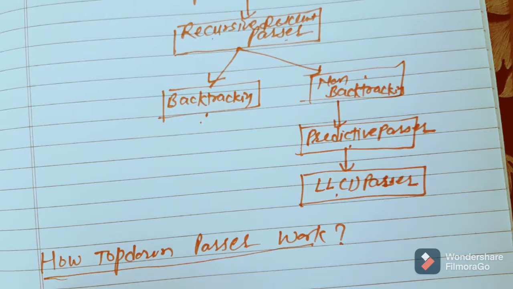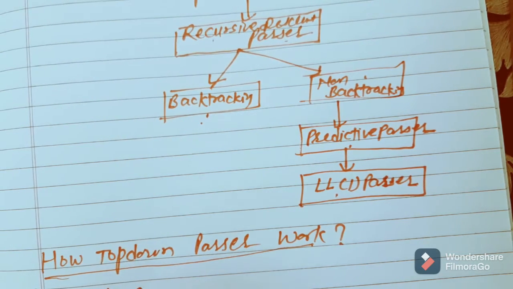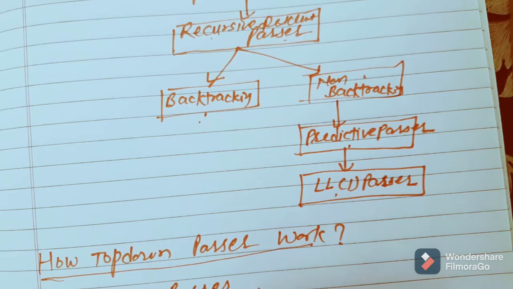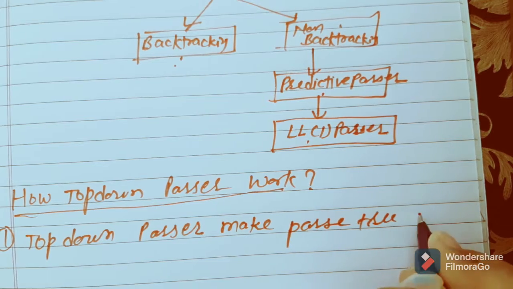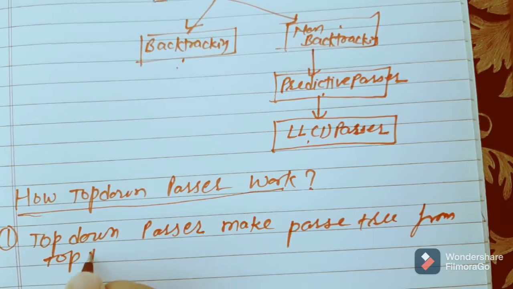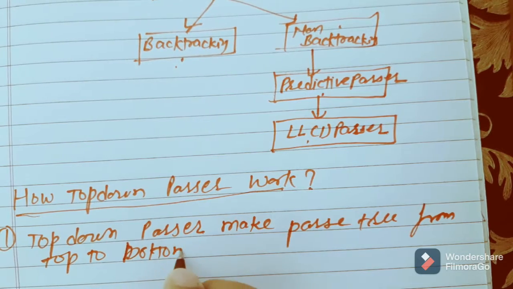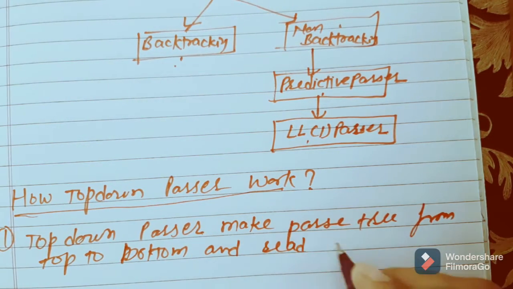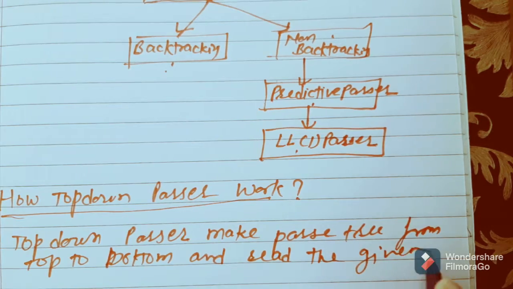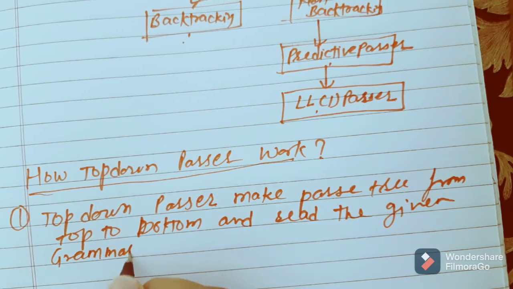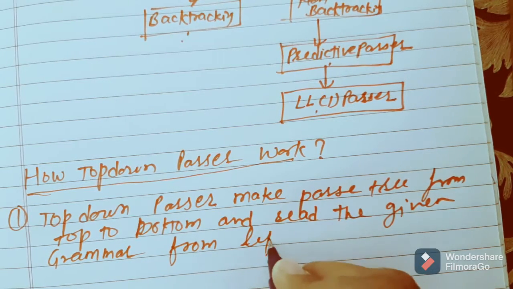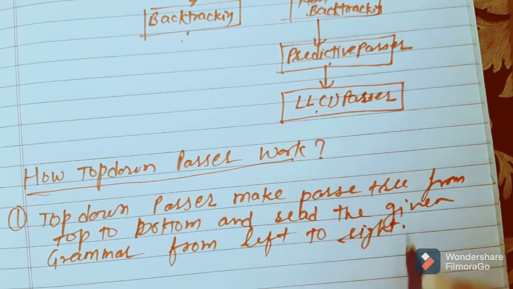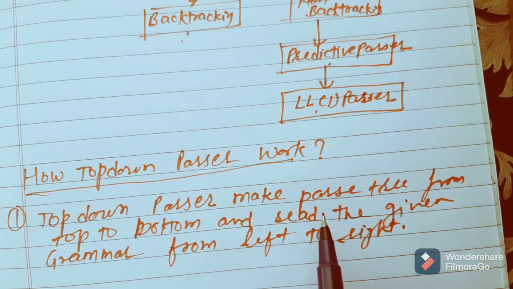First, top-down parser makes the parse tree from top to bottom and reads the given grammar from left to right. In the top-down parser, the parse tree is built from top to bottom. That's why its name is top-down, and grammar is read from left to right.